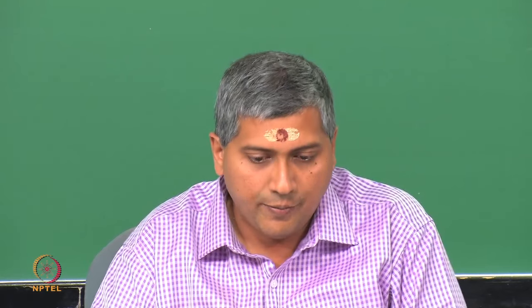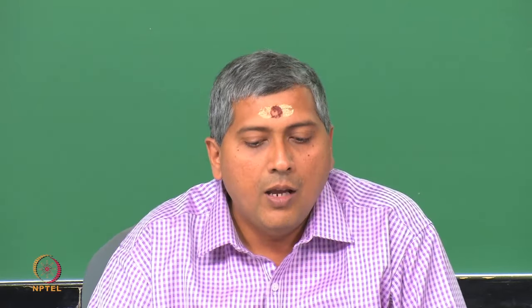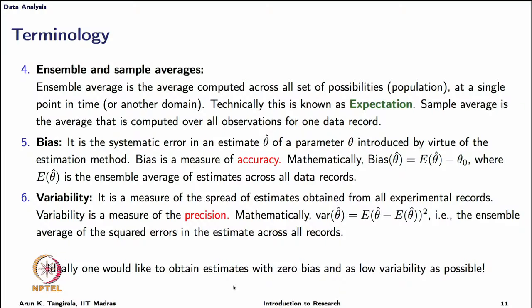And if that is too large, then we say there is a large variability in the estimation or in the estimate. For this reason, variability is also referred to as precision. The lower the variability in the estimate, the more precise is the estimator. In contrast, bias measures accuracy. Lower the bias, lesser the inaccuracy.